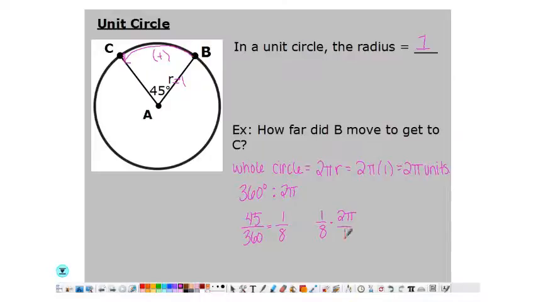So put it over 1 to make it fractions, multiply across, we get 2 pi over 8, which would give us pi over 4. So now, since this is a unit circle, when the radius is 1, the angle at the center of the circle is equal to the distance along the arc. So we just found out that that's a pi over 4 arc, so that means 45 degrees is also equal to pi over 4 radians.